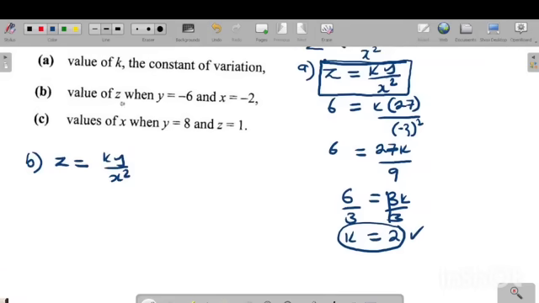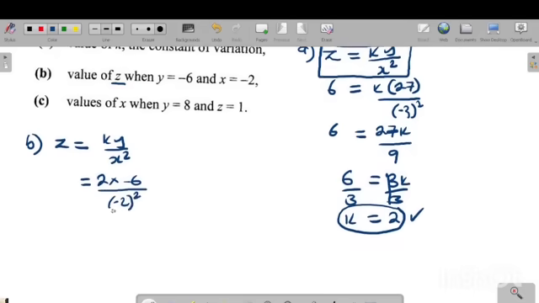Okay, so they want you to find z when y is negative 6 and x is negative 2. We found k is 2, so we're going to say 2 times y is negative 6, over x is negative 2, so negative 2 squared. Okay, 2 times negative 6 is negative 12.